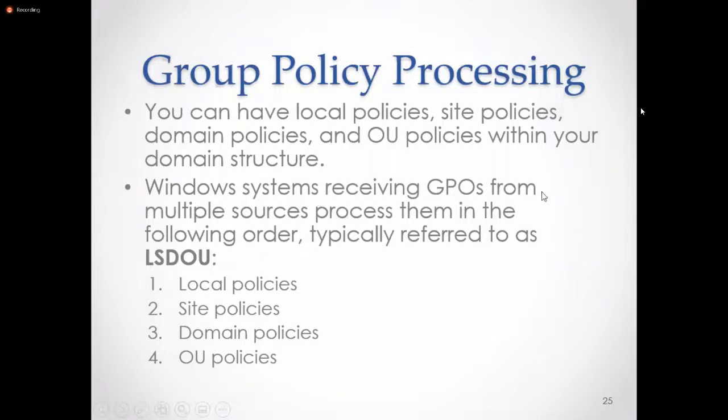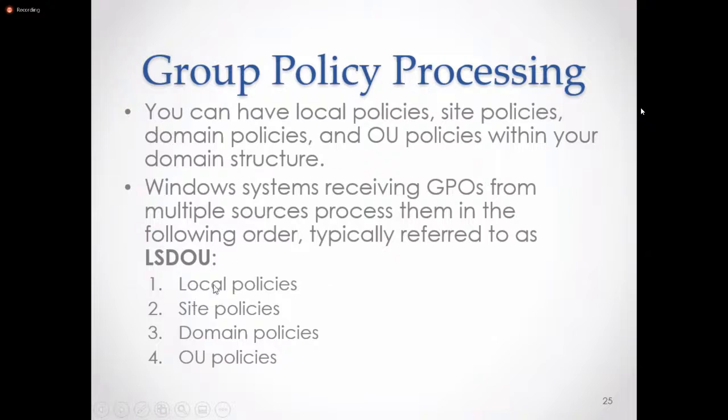Right. So Windows systems receiving GPOs from multiple sources process them in the following order. You know these different types of policies, right? Windows Server will do the processing. So we are talking about how the group policy is processed in the server.